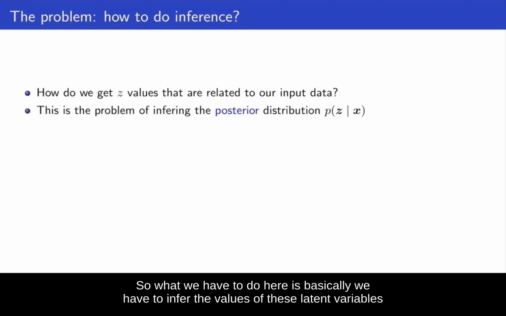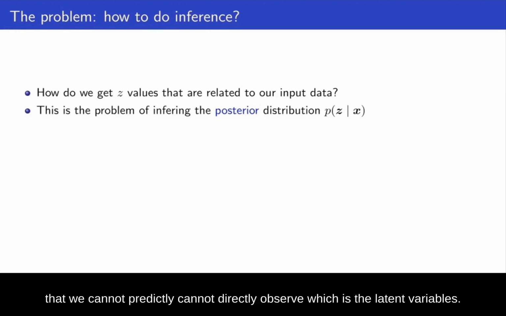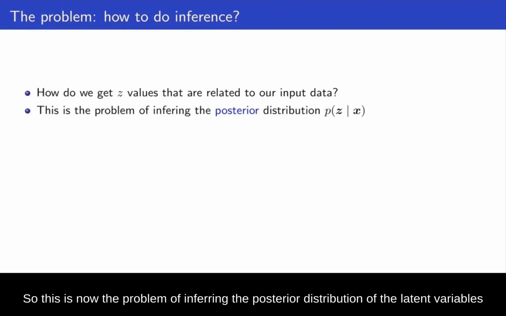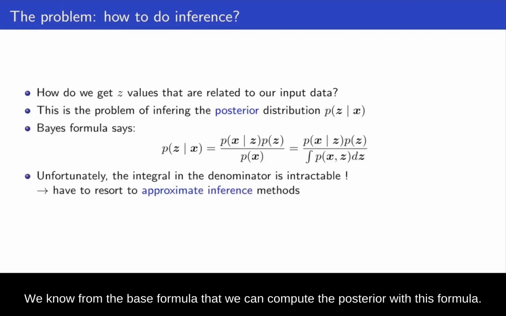So what we have to do here is basically infer the values of these latent variables. We know x, of course, that's the data that we see, and now we have to infer those variables that we cannot directly observe, which are the latent variables. So this is now the problem of inferring the posterior distribution of the latent variables given our visible data x. We know from the Bayes formula that we can compute the posterior with this formula.